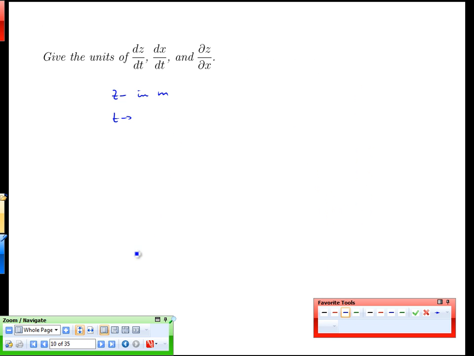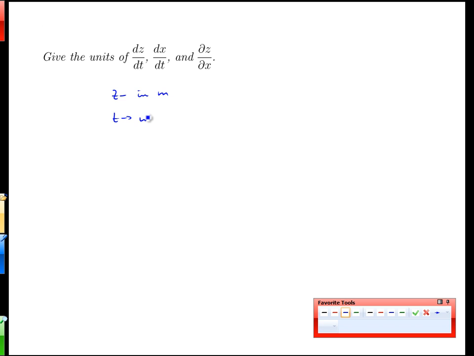Those are the natural units that we use to define x and y. So we've got hours there, and x is in kilometers. As soon as we have those units naturally defined, then we can talk about the units of the derivatives. The rate of change of z with respect to t is going to be in meters per hour.